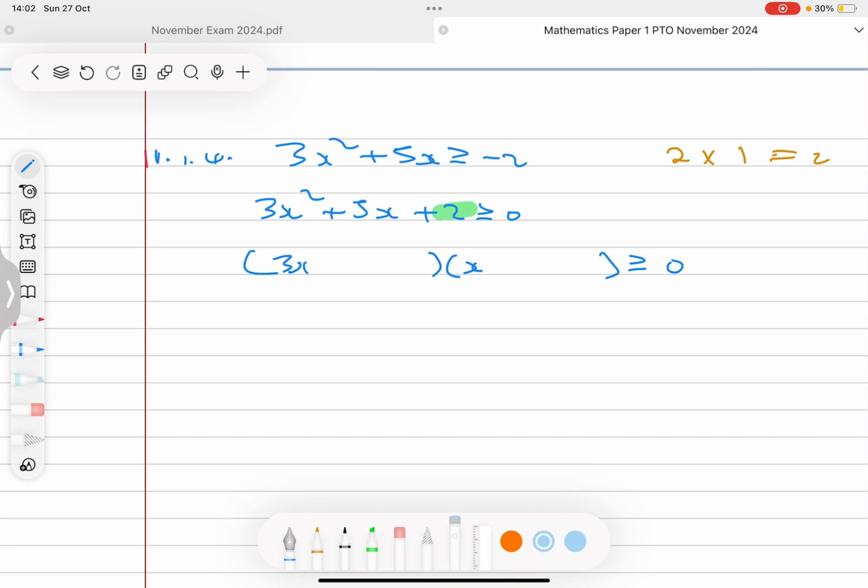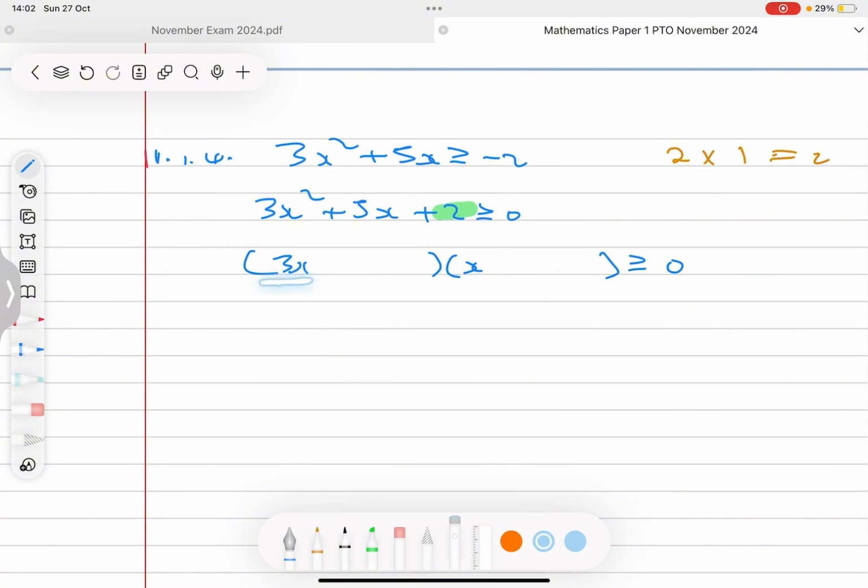But we're also saying if we combine these numbers, we should get 5. Obviously, if you say 2 plus 1, it will never give you 5. Even if you put a minus and say -2 plus 1, it won't give you 5, it will give you -1. But you will see that we have the 3 here that will do the magic.